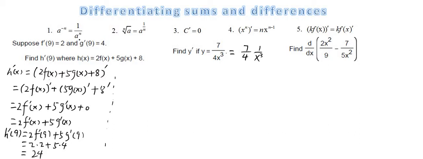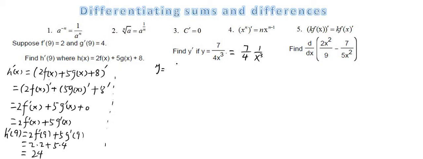Following this rule, or the reversal process, we're gonna get x to the power negative 3. So let's take a look.